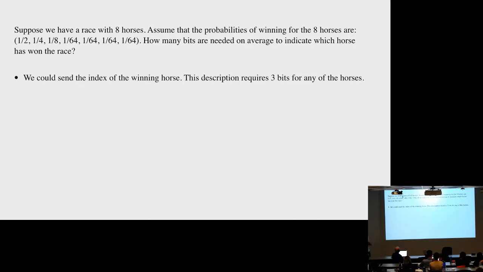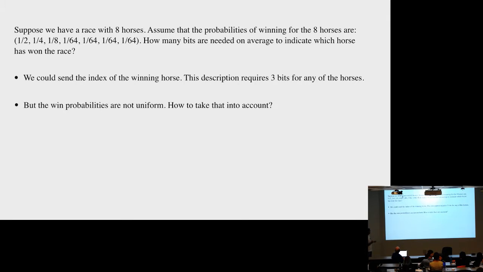But some of them are going to win much more often than others. So if we give the same number of bits to all the horses, that is not going to be efficient. So how many bits do I need to encode the outcomes of these races? This is going to be given to us by the entropy of the process.